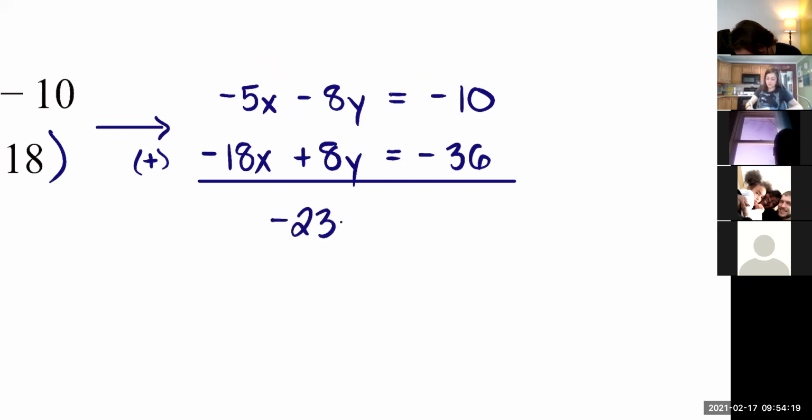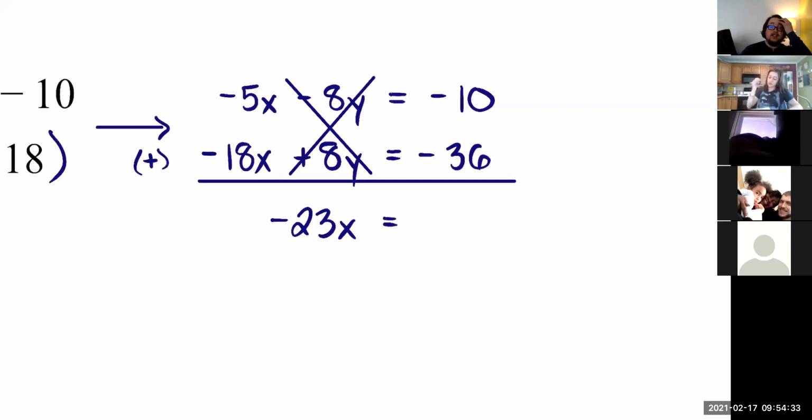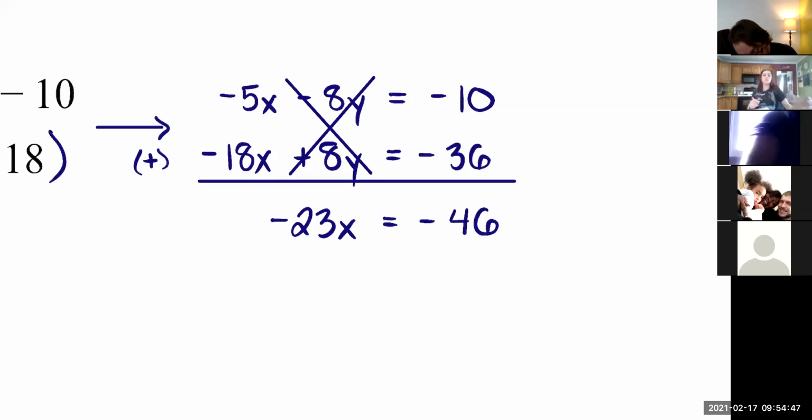And I'm shifting it over here because I already know what's going to happen to my y's. Negative 8y plus 8y is 0y. This is where the elimination method gets its name. The y variables are now eliminated. And on the right-hand side, negative 10 plus negative 36 gives me a negative 46. It's not the most interesting equation in the world, but it is easier to solve.